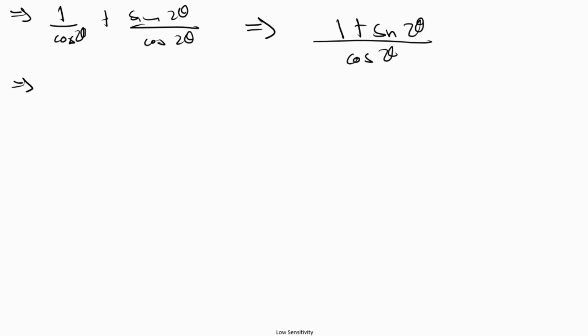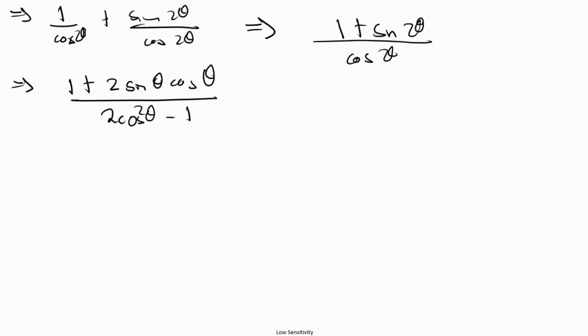So we have 1 plus 2 sin θ cos θ over 2cos²θ minus 1, right? But there's an identity that we know that is centered around 1.